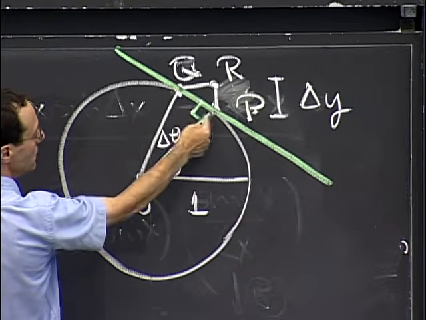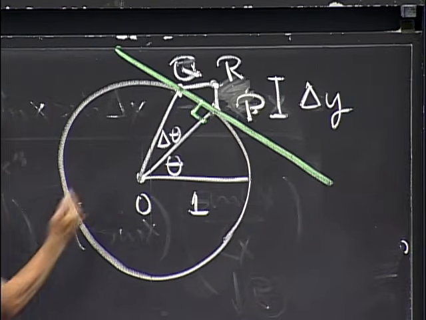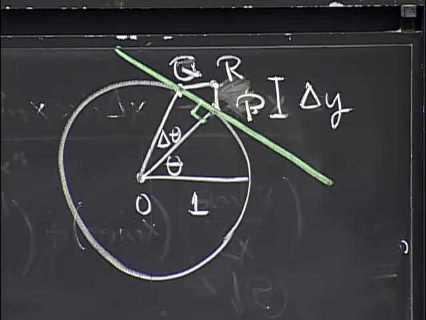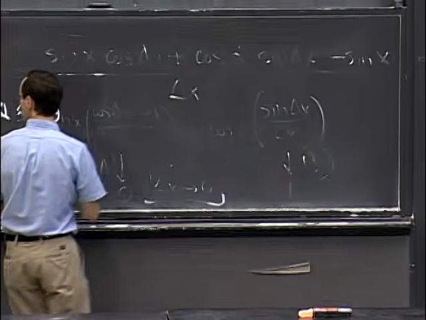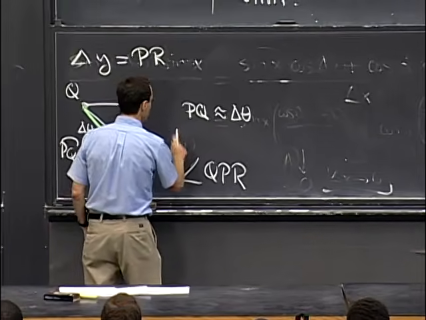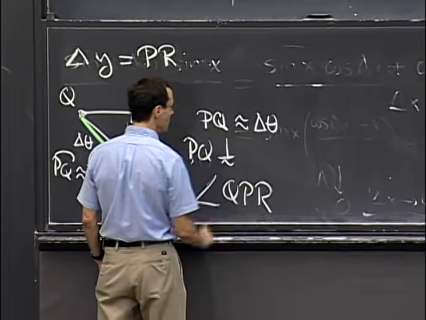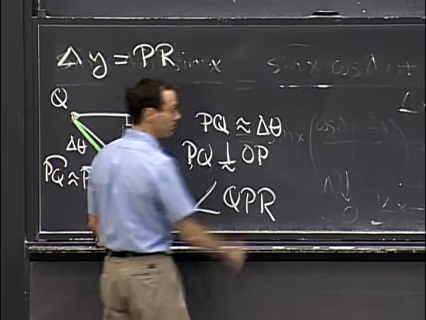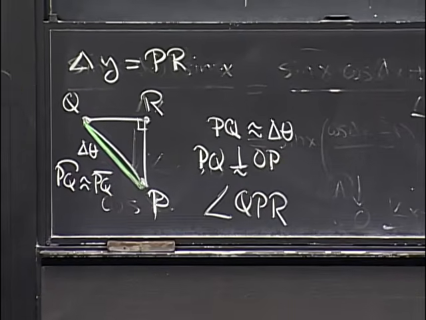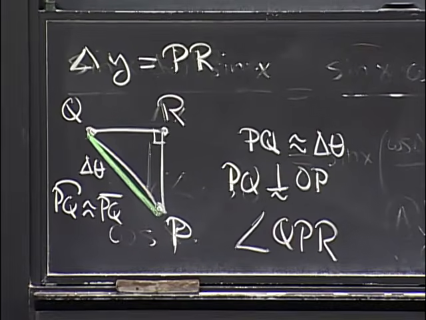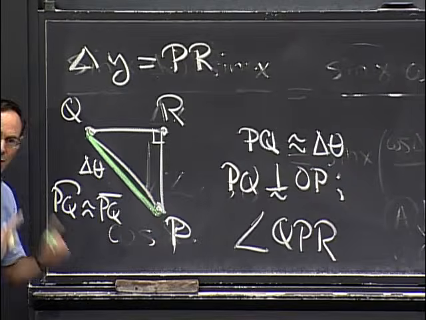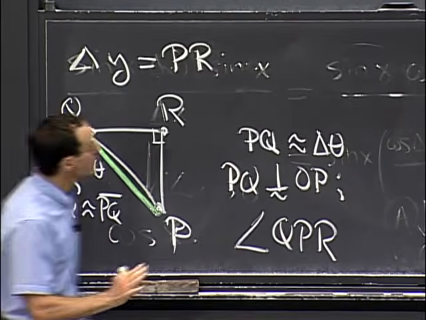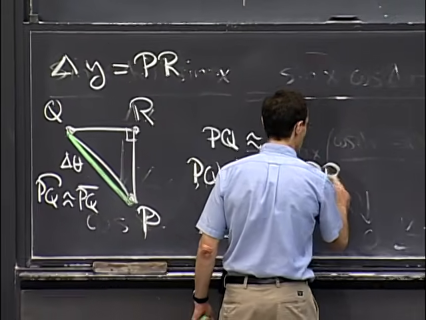But in the limit, it's going to be exactly perpendicular, the tangent line to the circle. So the key thing that I'm going to use is that PQ is almost perpendicular to OP. The ray from the origin is basically perpendicular to that green line. And the second thing I'm going to use is something that's obvious, which is that PR is vertical.